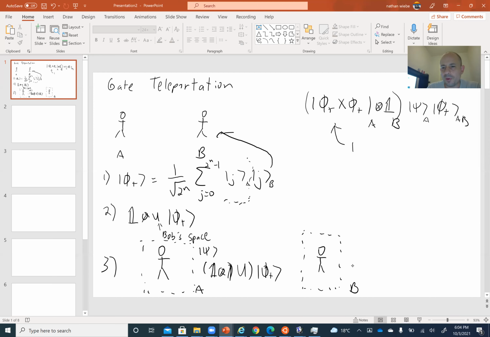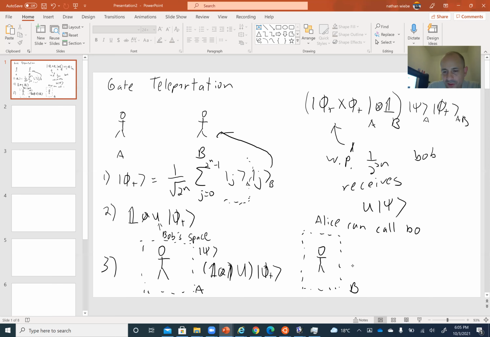Okay, so if we do that, then we find with probability 1 over 2 to the 2n, Bob receives the state U acting on psi. And so Alice can call Bob, because she's the one who applies this projection.